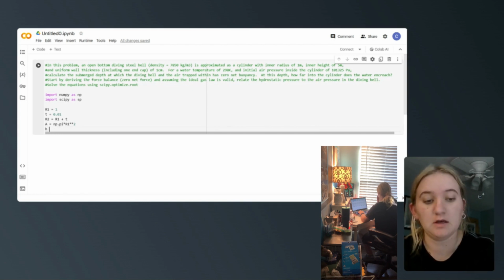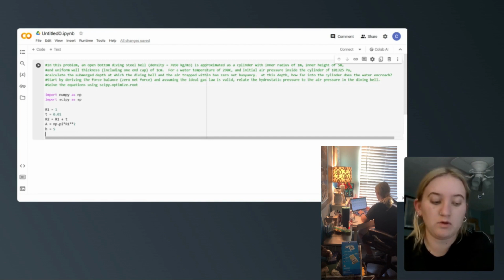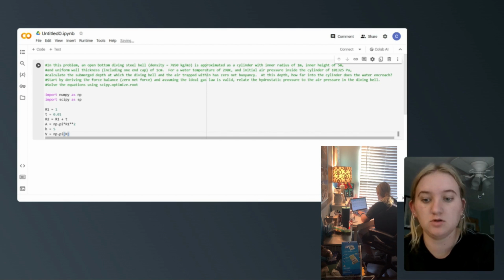We're going to have a height, which is 5, there we go. And then we're going to have a volume, which is going to be equal to pi, say R2 squared minus R1 squared times h.